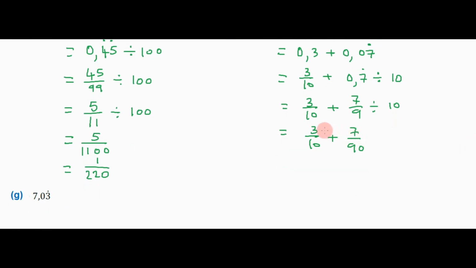So we're going to multiply the 3 over 10, both the numerator and the denominator, by 9. So it's going to be 27 over 90 plus 7 over 90. And this is 34 over 90. And of course, we can divide both the numerator and the denominator by 2. So it's going to be 17 over 45.